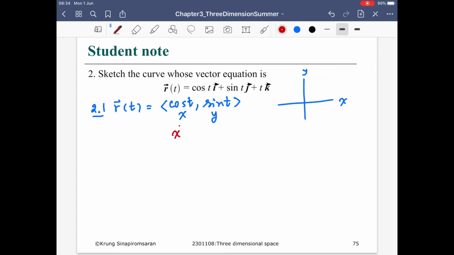The common relation that you should know is that x squared and y squared added together equals 1. So it means that each and every point on the curve will be a point on the circle. Actually, you may say that, hey, each of them should be a vector like this.